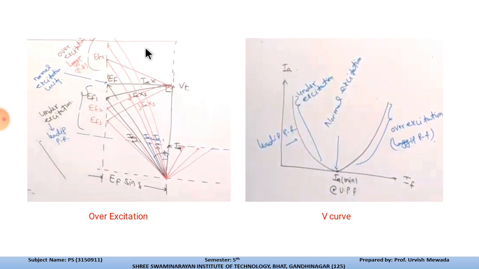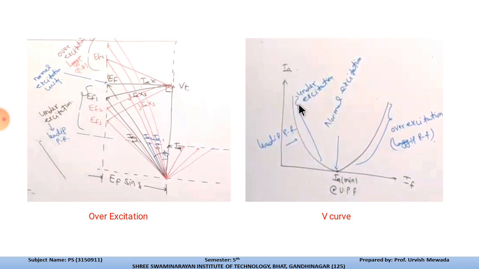So in these different modes of excitation, we will use our synchronous machine for different working purposes. Over here, from the V curve you can see that the armature current Ia is minimum at the unity power factor. So the armature current requirement at unity power factor is minimum. Again we have taken If on the x-axis and Ia on the y-axis.